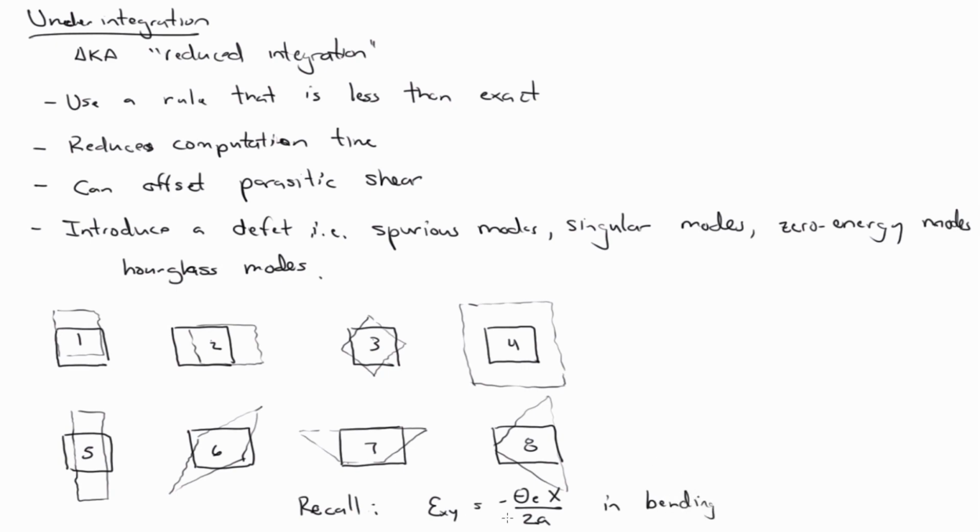And so, if you use a single point integration, x would be 0, this term would go away, and you'd recover. Remember, the classic Euler-Bernoulli had 0 shear strain in bending, right?